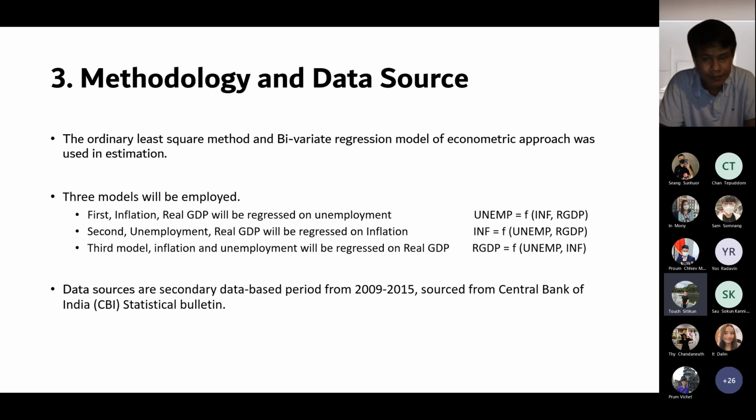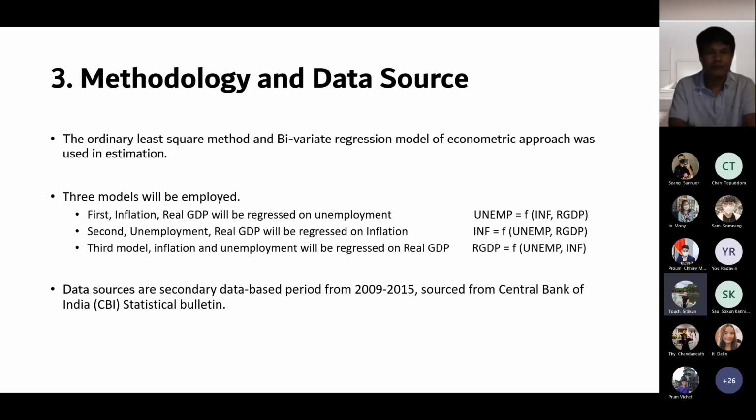The same goes for the second and third ones. As you can see on the right side of each model, there is a written function form, where UNEMP stands for the unemployment rate, INF stands for the inflation rate, and GDP refers to real GDP.